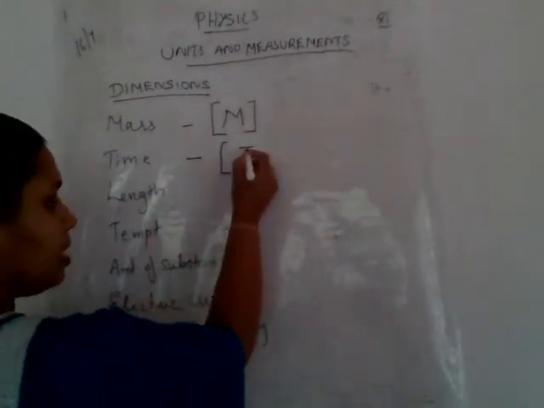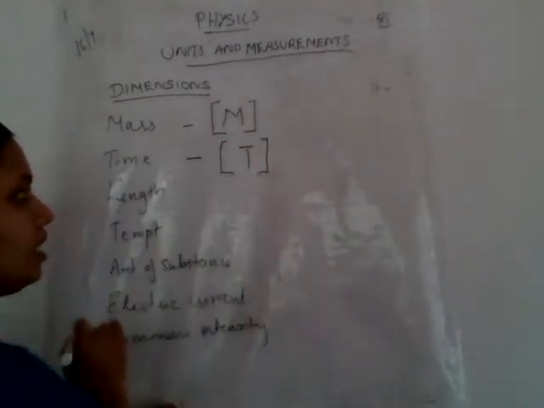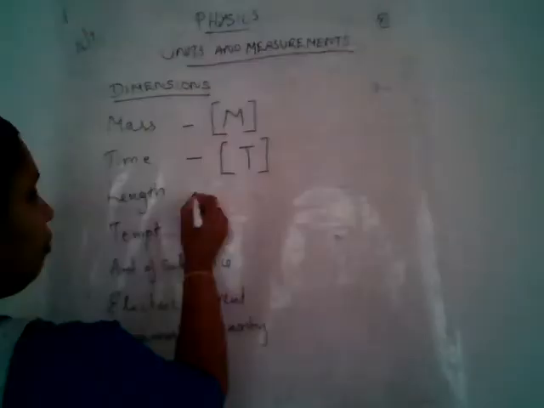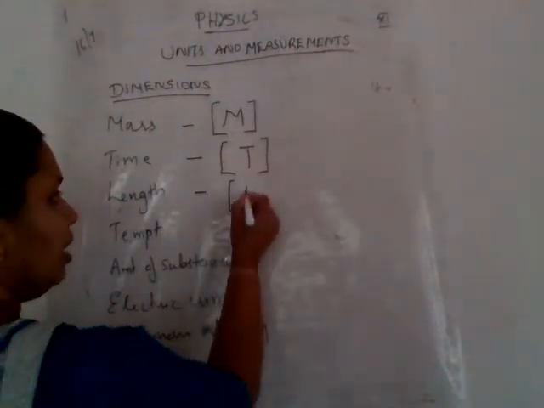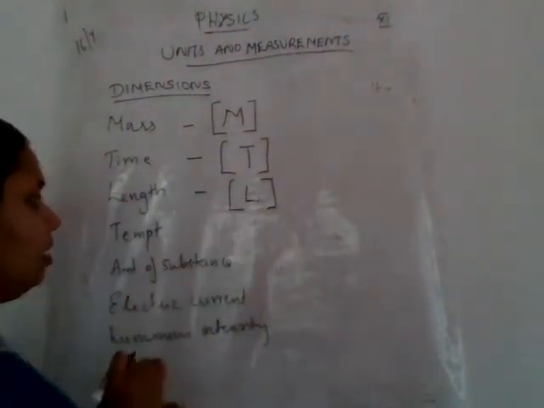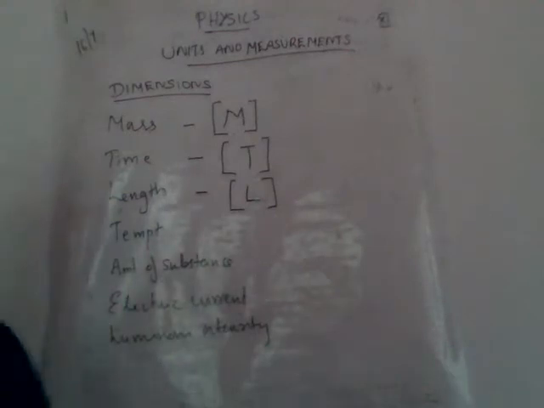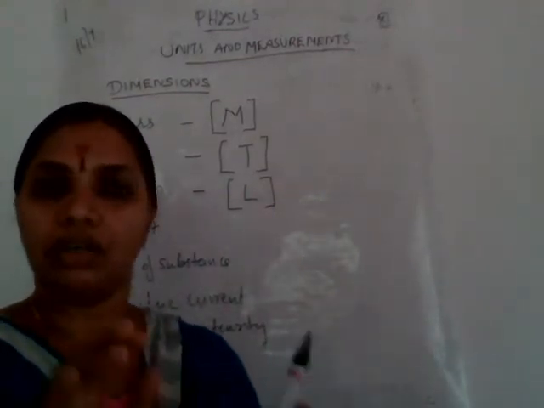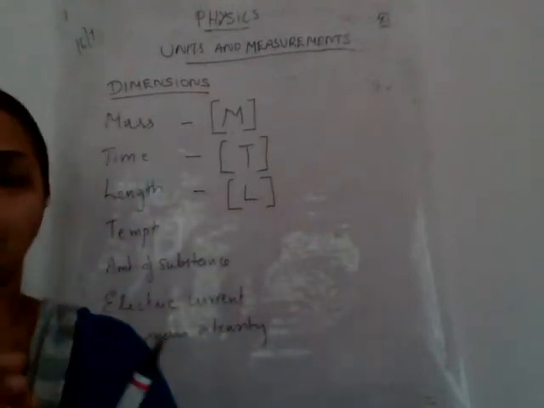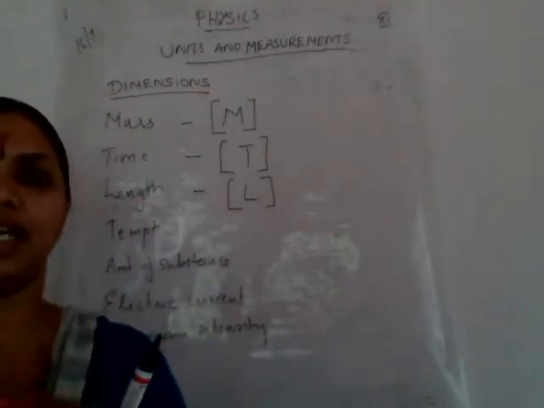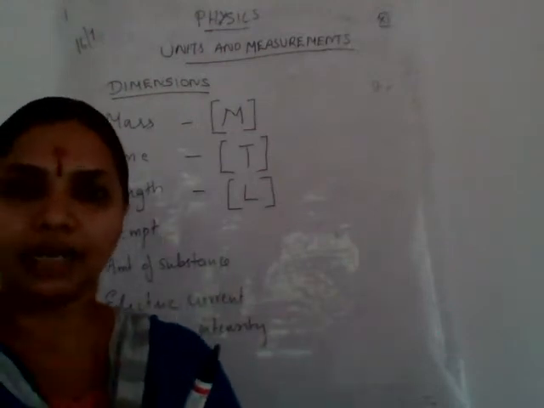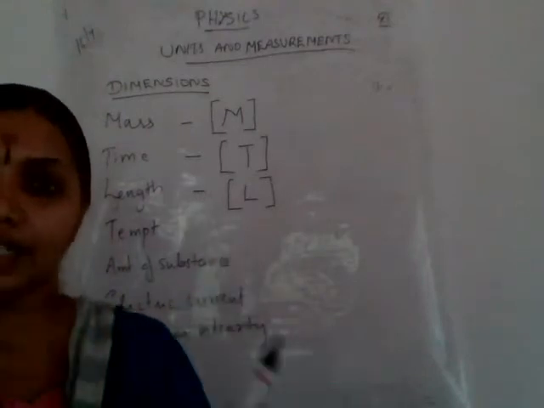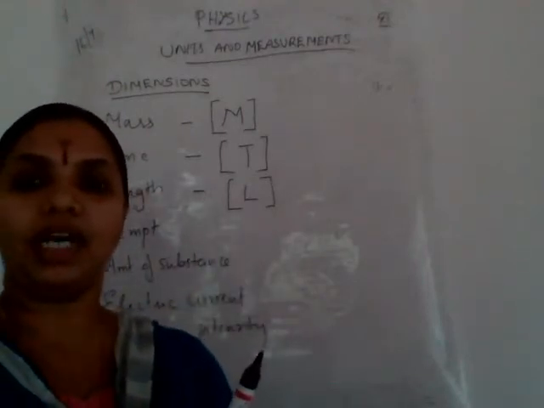Time is represented by capital T inside the square bracket. What is the dimension of length? Yes, it is capital L inside the square bracket. So for mass it is M, time is capital T, length is capital L, and they are represented inside the square bracket.